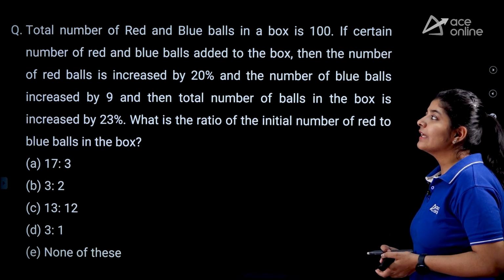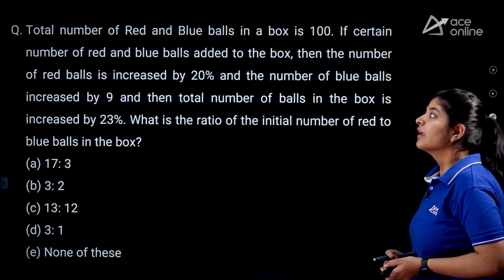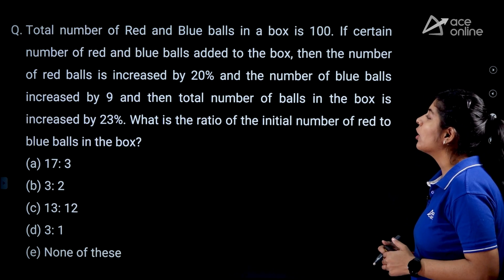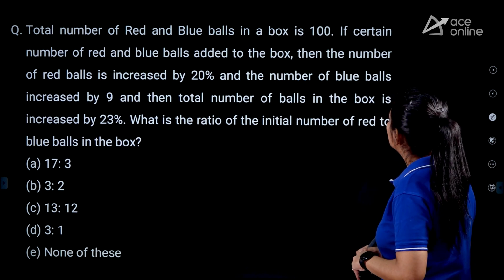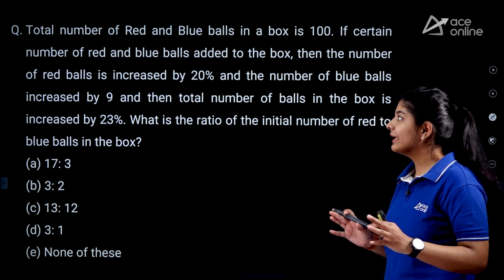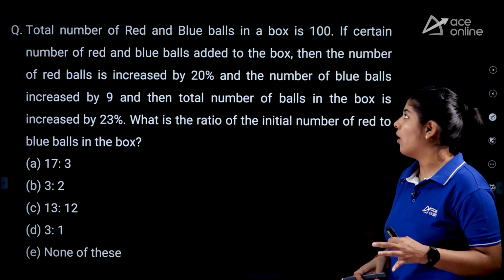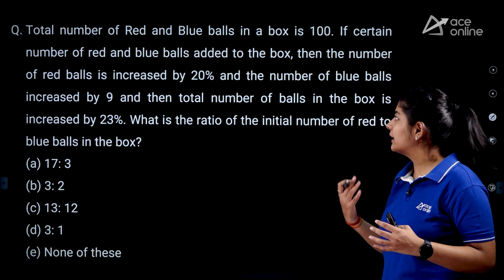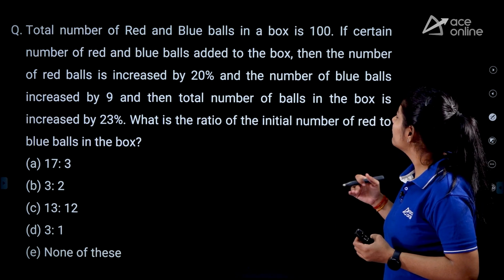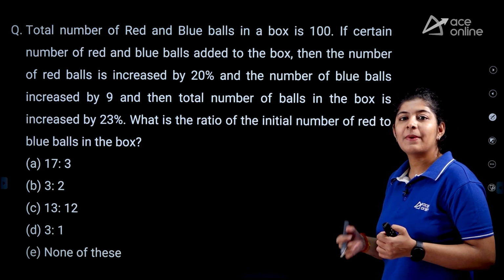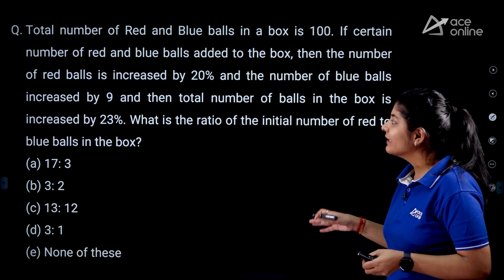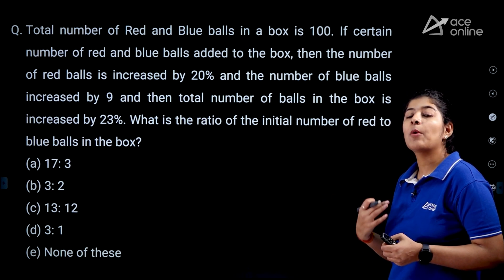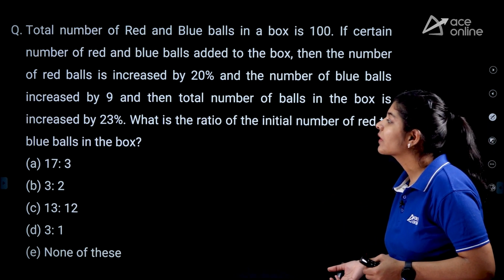Okay. So the next question says that the total number of red and blue balls in a box is 100. If a certain number of red and blue balls are added to the box, then the number of red balls is increased by 20% and the number of blue balls is increased by 9, and then the total number of balls in the box is increased by 123%.